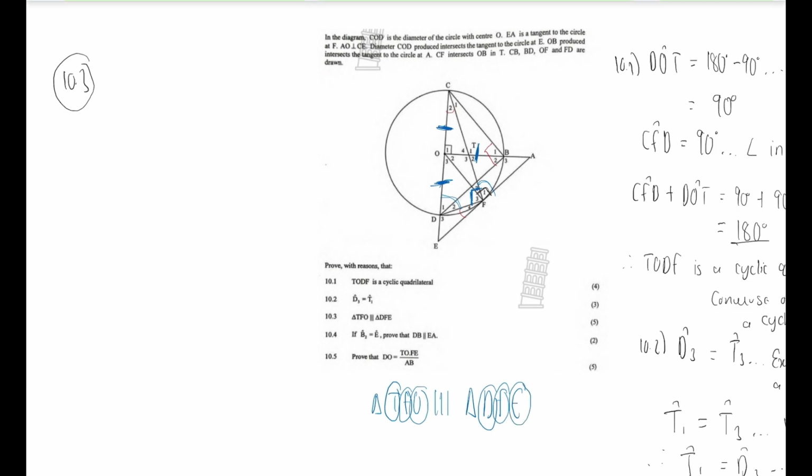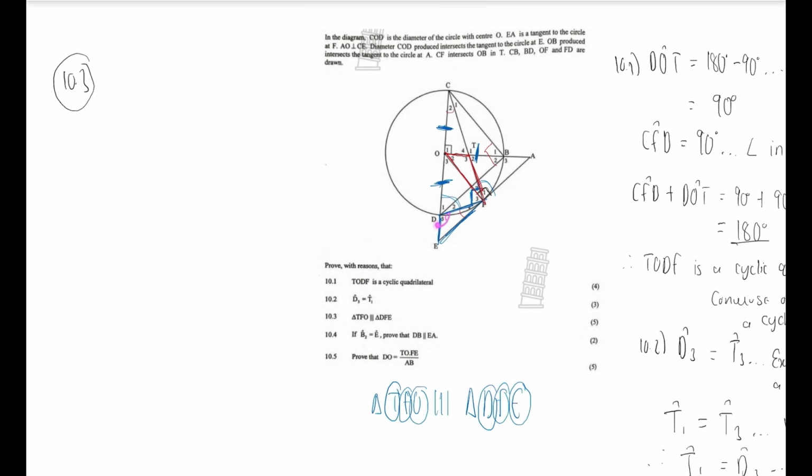So now let's look at our two triangles here. We have DFE and we have TFO. What we already know about these triangles is that the T in TFO, T3, is supposed to equal the D in DFE.